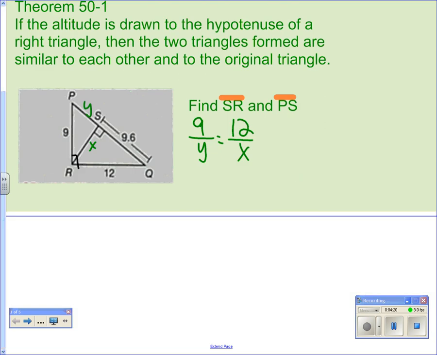Okay, how could you use Pythagorean theorem? Does that make sense? What do you get for X? Did anybody use proportions and get 7.2 for X?